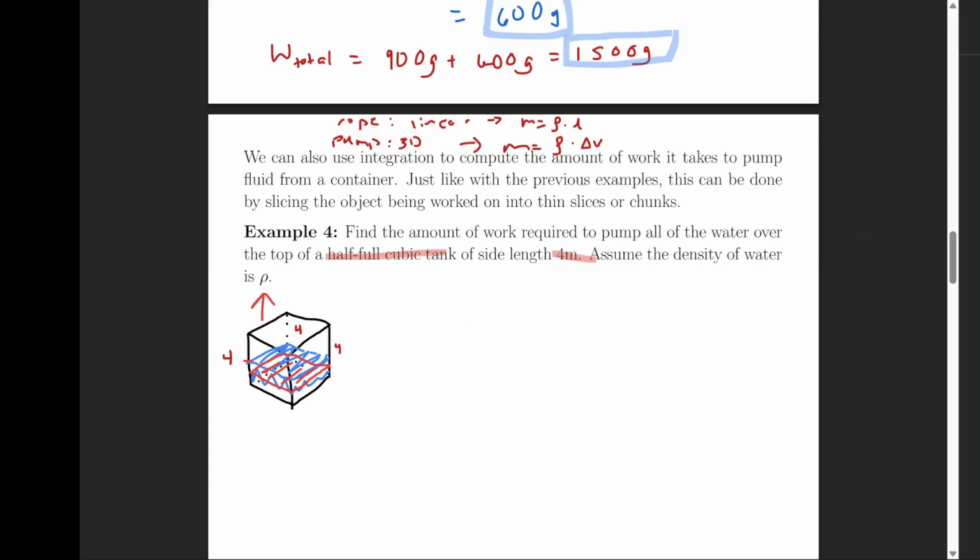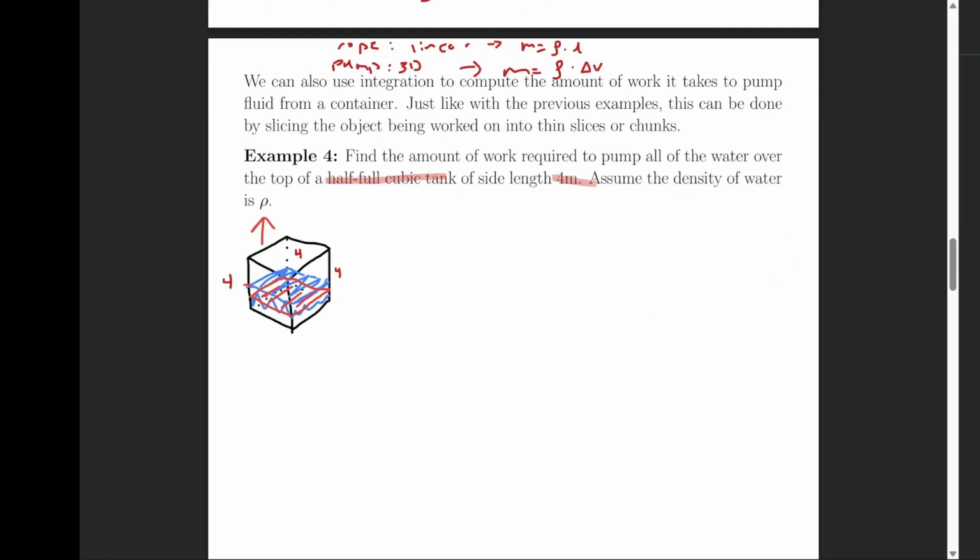Okay, so some more labeling. For the top of the tank, y equals distance from top, right? So that means the top of the tank is y equals 0.